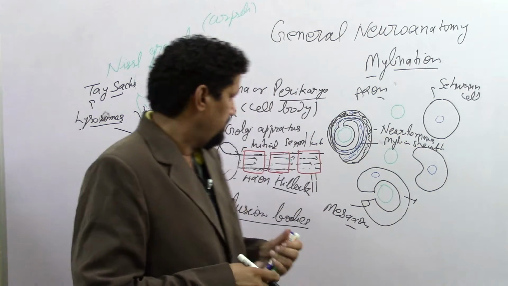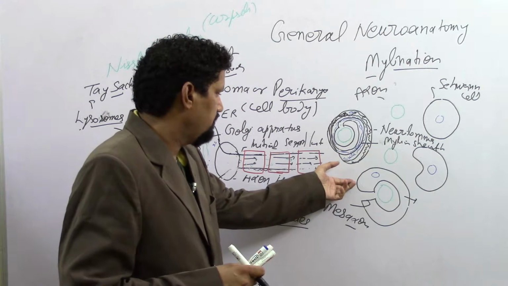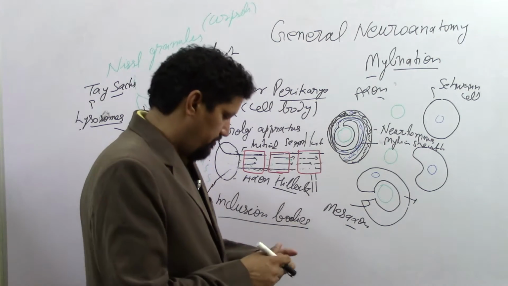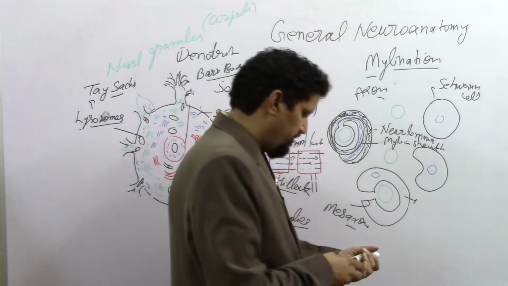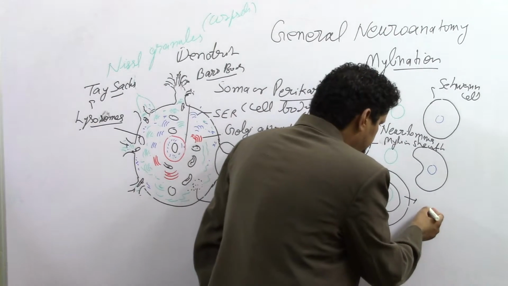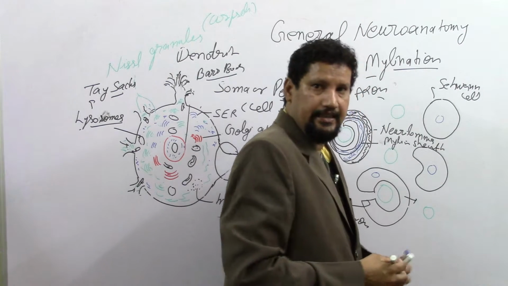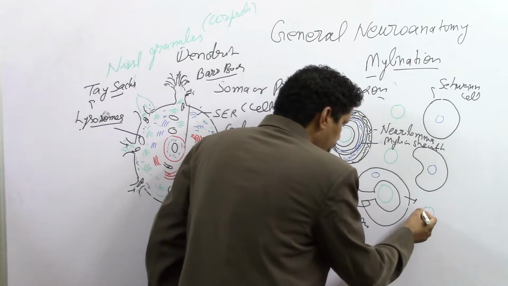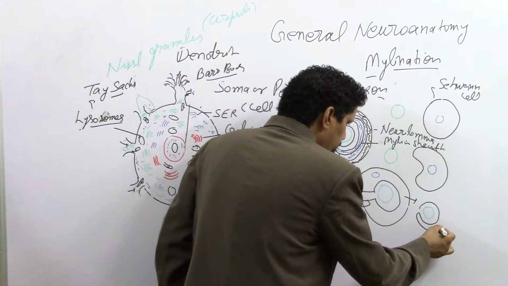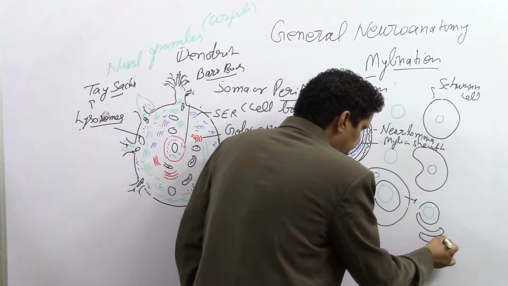In case of non-myelinated axons in the peripheral nervous system, the axon is covered by a single layer of Schwann cell cytoplasm, and it will sheath many neurons.